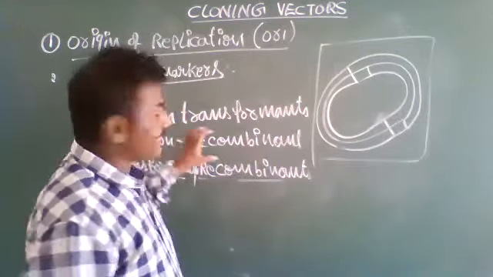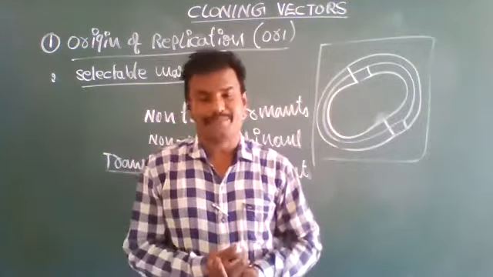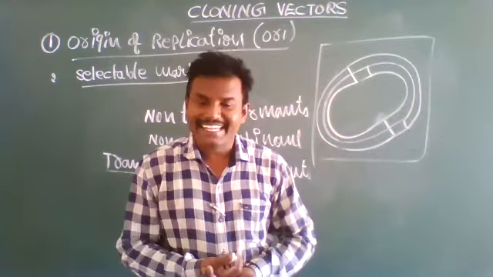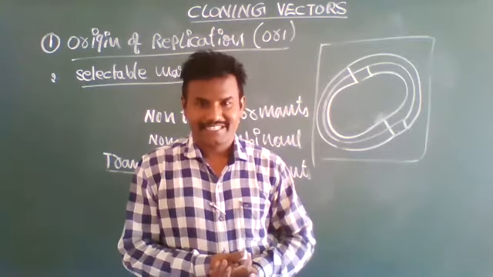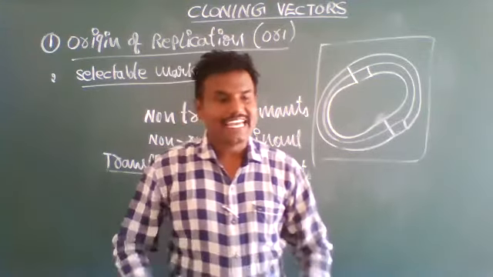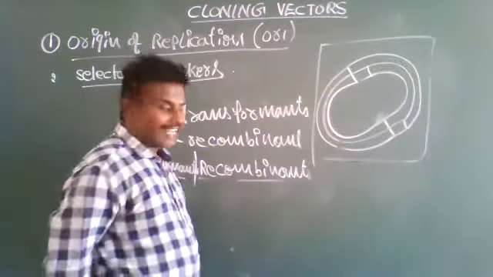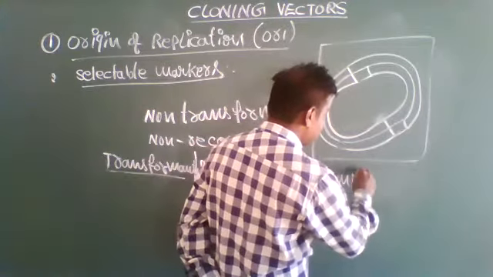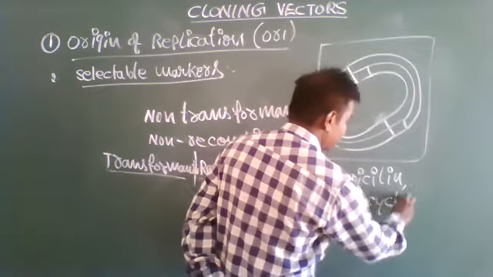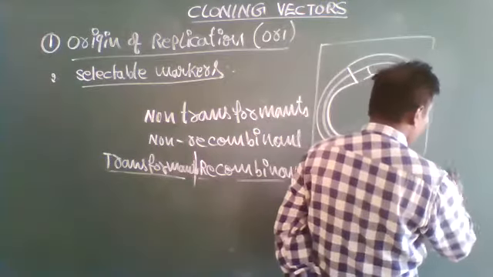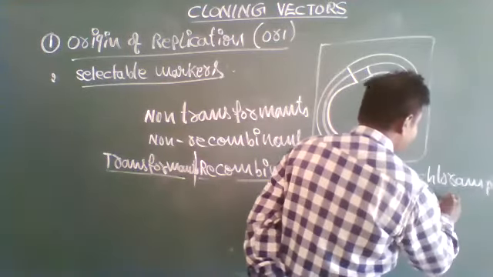What are selectable markers? In the plasmid there will be a gene encoding, meaning providing, resistance to certain antibiotics: ampicillin, tetracycline, chloramphenicol, kanamycin.